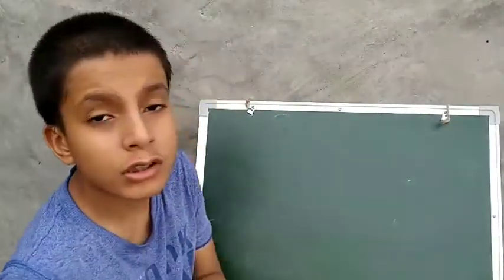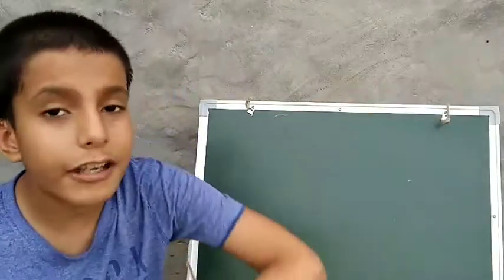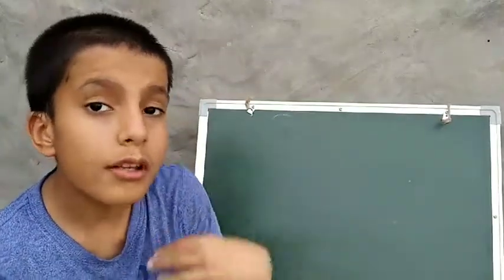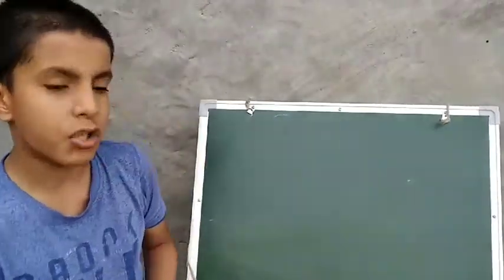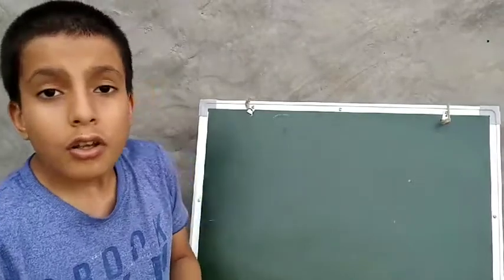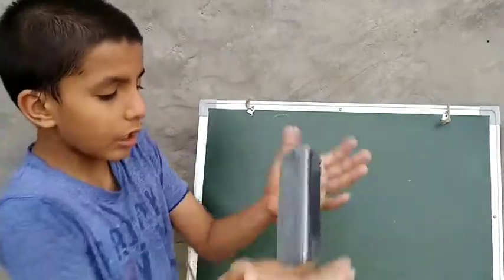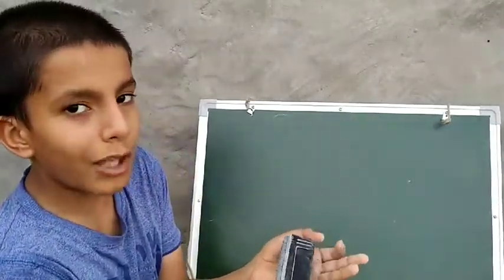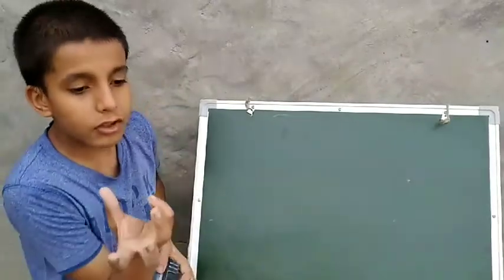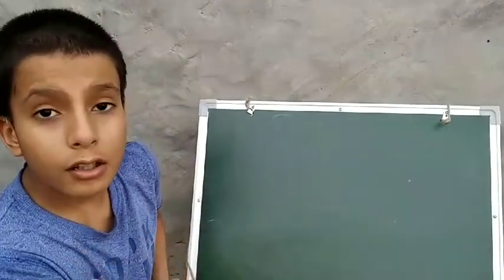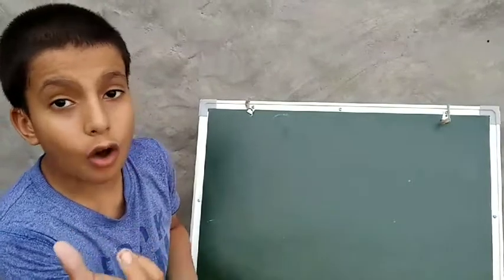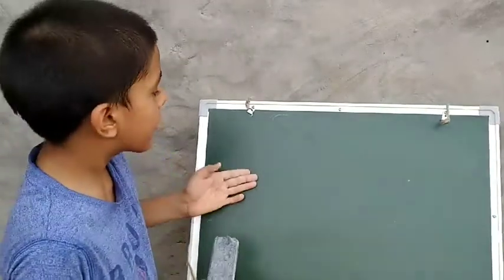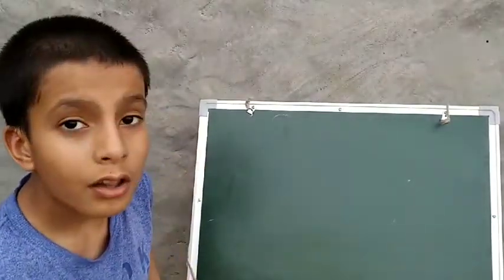Because the gravitation on the moon is lesser than on Earth. If there's any planet that has much more gravitation, then this chalk would be like a stone or a brick, and a brick like a rock, and this ball like a human.